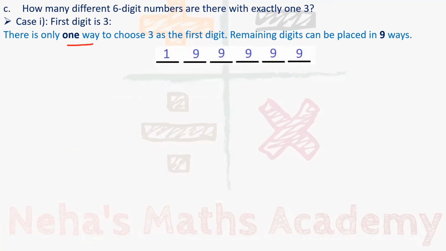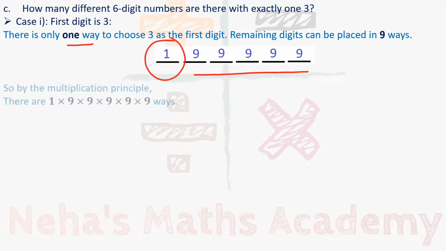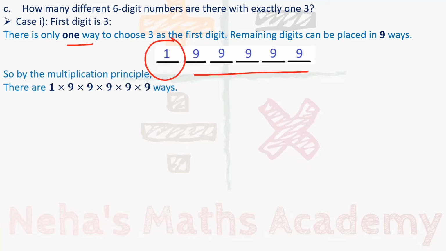And in the remaining digits, we can place in 9 ways because we can't place 3 in the remaining places. So by the multiplication principle, the total number of ways will be 1 into 9 into 9 into 9 into 9 into 9.